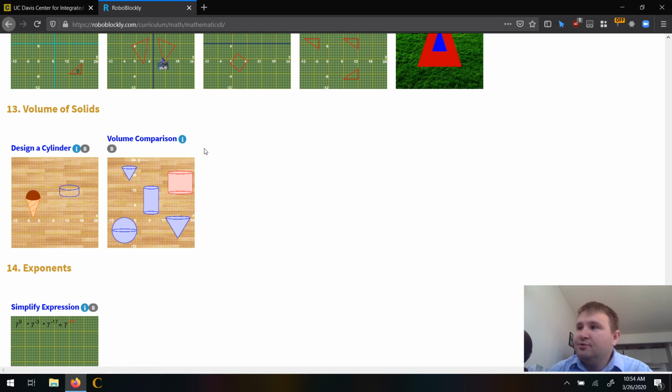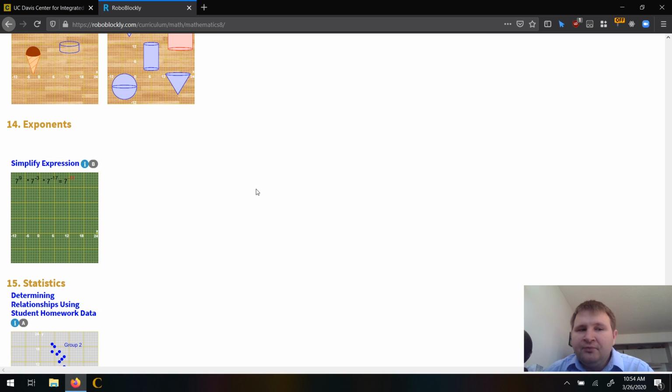Section 13 here, we go through volumes of solids, so designing cylinders or looking at the differences in volumes between cylinders and cones and spheres, etc. We go into some simple equations with exponents and solving those.